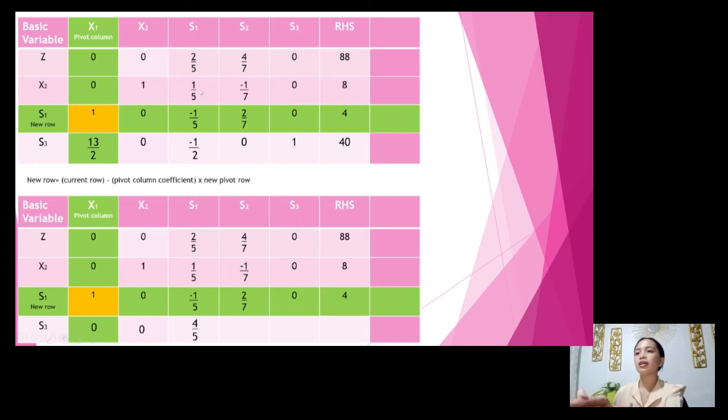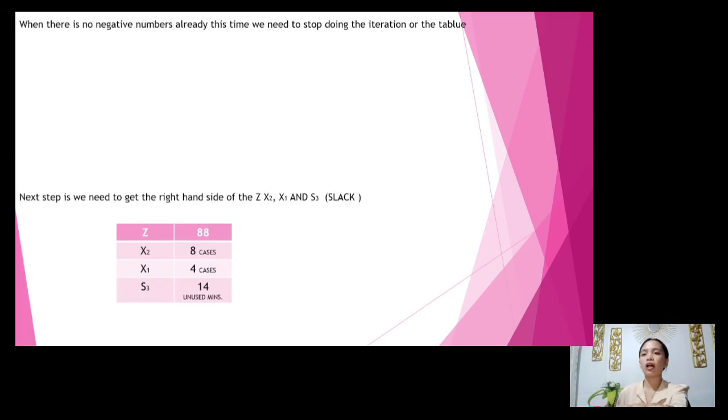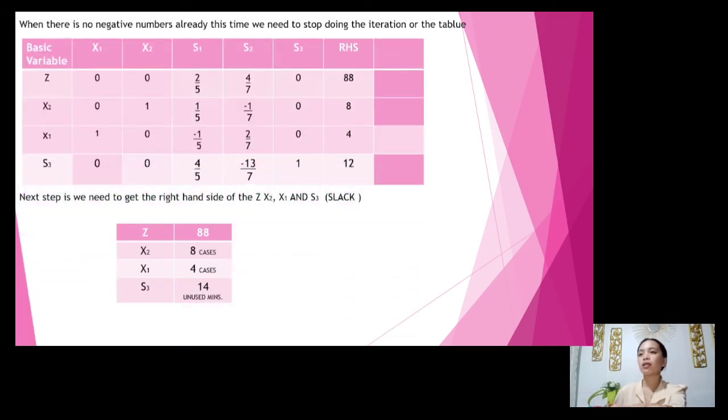Then 0 minus 13 over 2 times 2 over 7 is 13 over 7. Then 1 minus 13 over 2 times 0 is 1. Then 40 minus 13 over 2 times 4 is 12. So that's our final table.